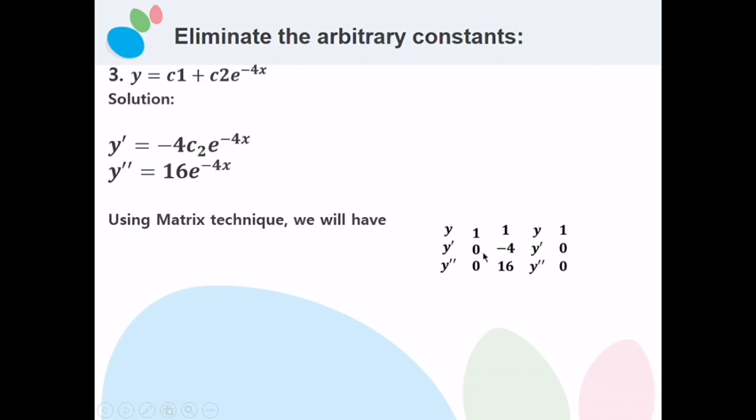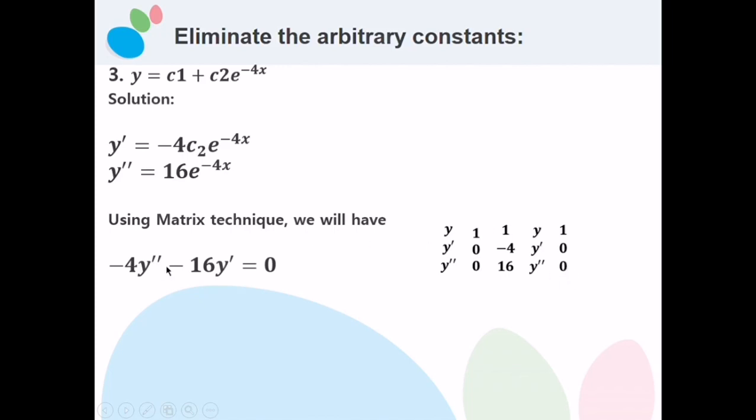So y times 0 times 16, this is 0. So 1 times negative 4 times y double prime, this is negative 4 y double prime. Then 1 times y prime times 0, this is 0.